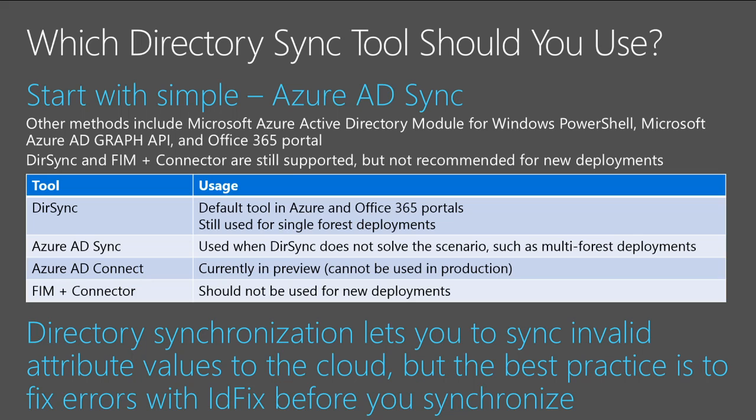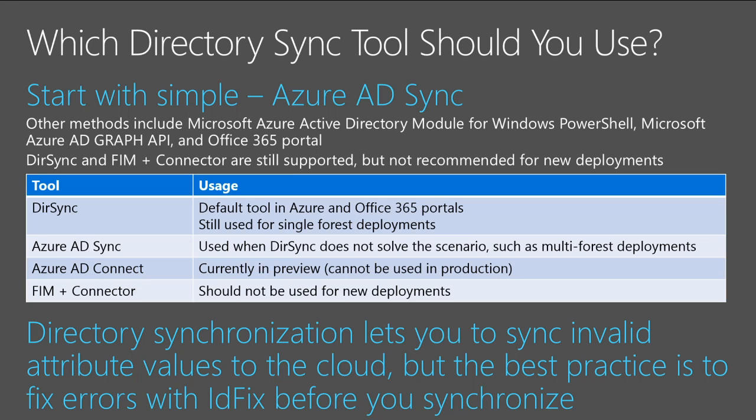There are a few select customers that are using it as part of a supported deployment, but although you can download and start playing with Azure AD Connect, you cannot use it in production just yet. But once it's released for production, then it's really the tool that you should be using, and it will replace both DirSync and Azure AD Sync. FIM plus connector, those are way old. Shouldn't be used at all for new deployments.